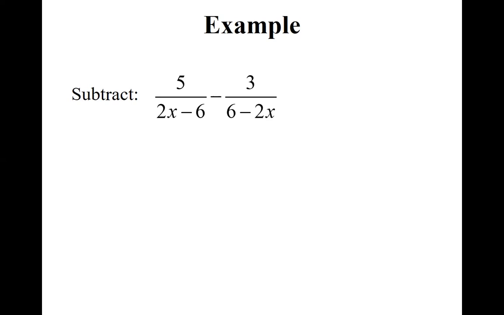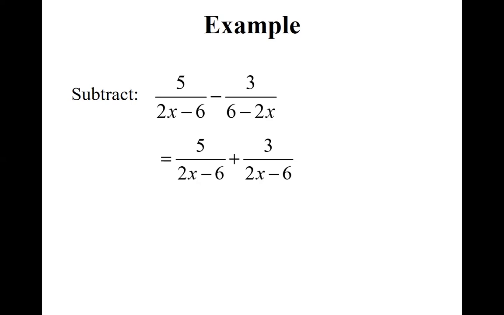Factoring a -1 out, that -1 can then mix with the minus sign, turning it into a plus sign. 5 over 2x minus 6 plus 3 over 2x minus 6. So we factor a -1 out of the bottom, and then minus that -1 becomes plus.